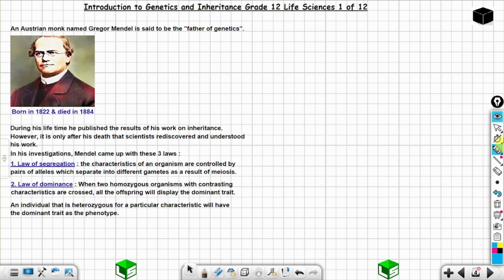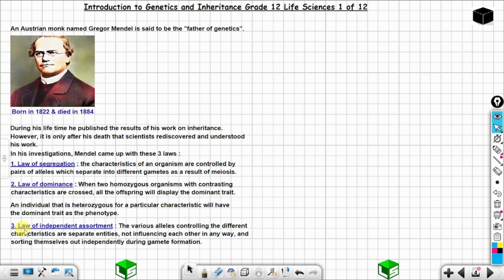Let's move on. The third law is the law of independent assortment. The law says the various alleles controlling the different characteristics are separate entities, not influencing each other in any way and sorting themselves out independently during gamete formation.